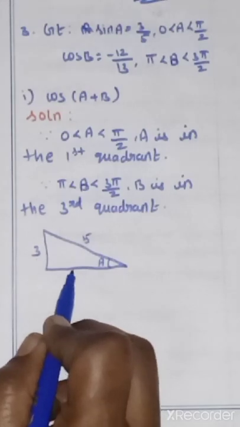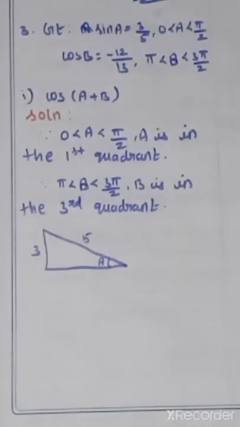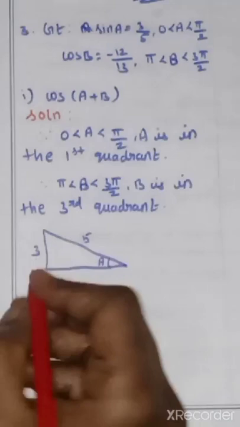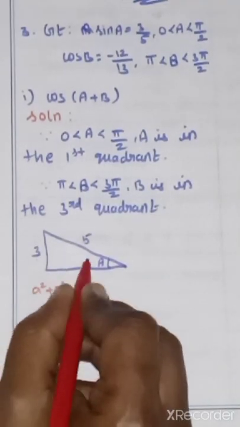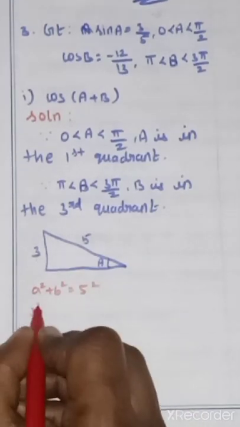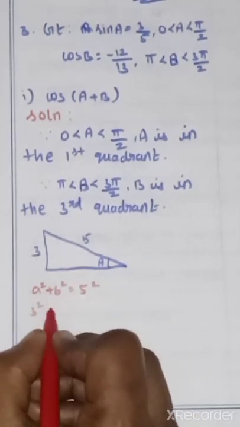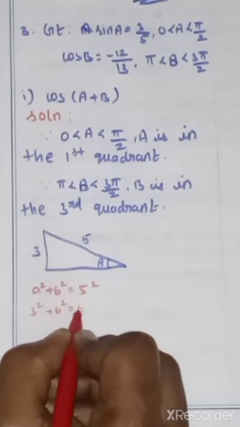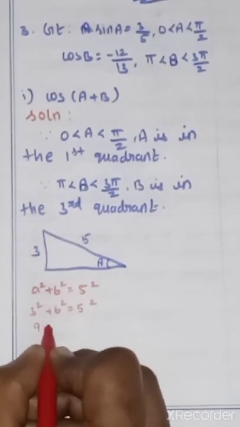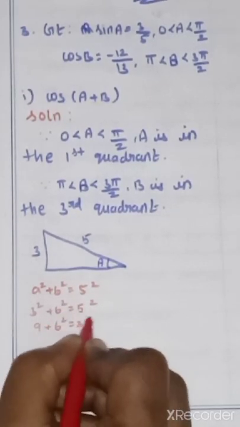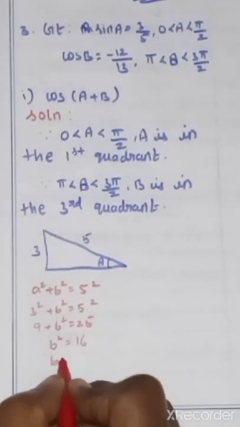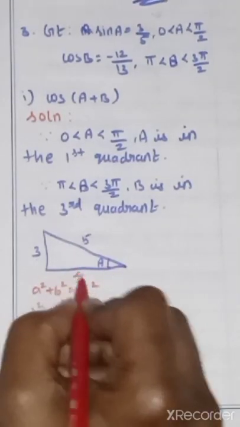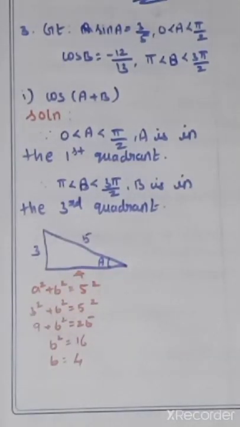Now we have to find out the third side. The formula: hypotenuse, a square plus b square equals 5 square. So 3 square plus b square equals 5 square, that is 9 plus b square equals 25, so b square equals 16, b equals 4. So the third side value is 4.